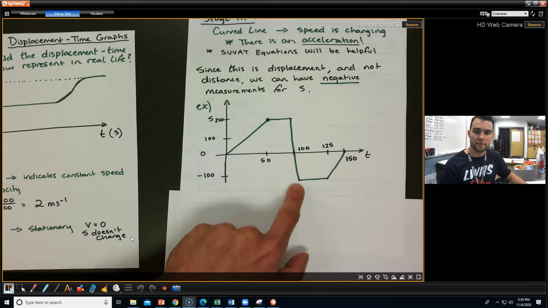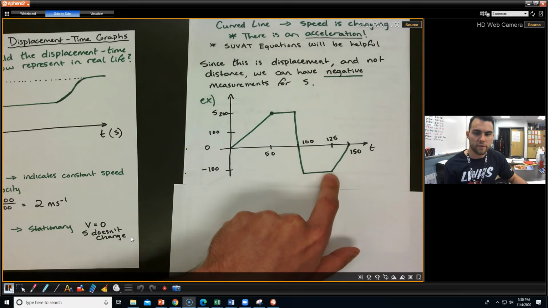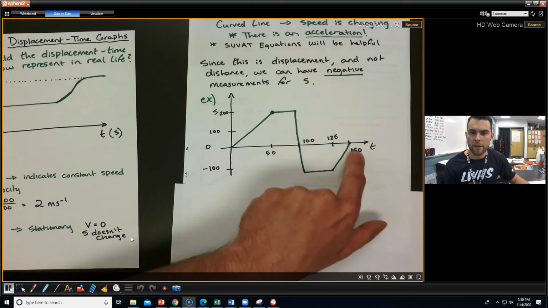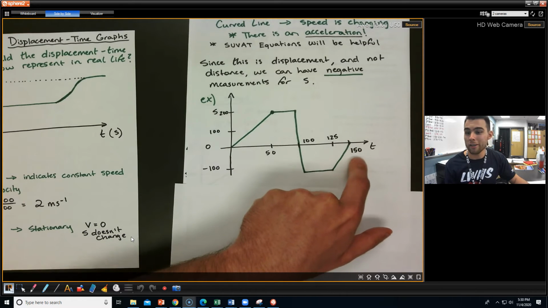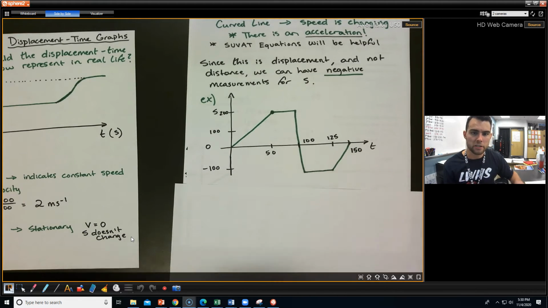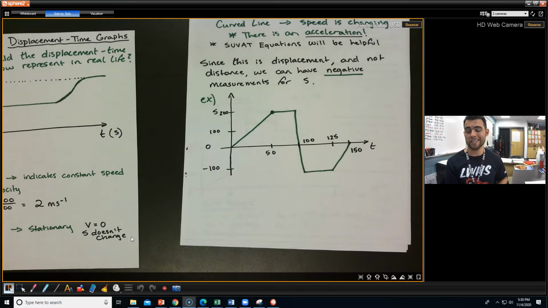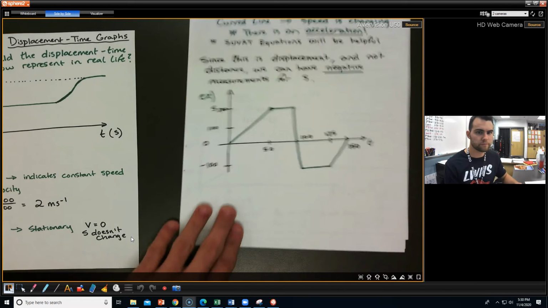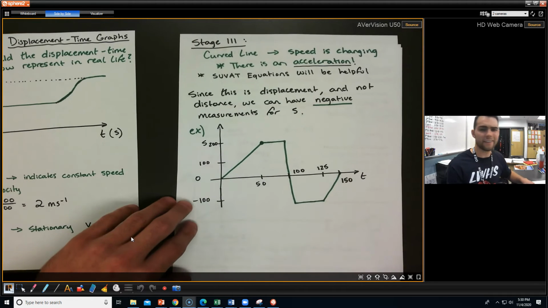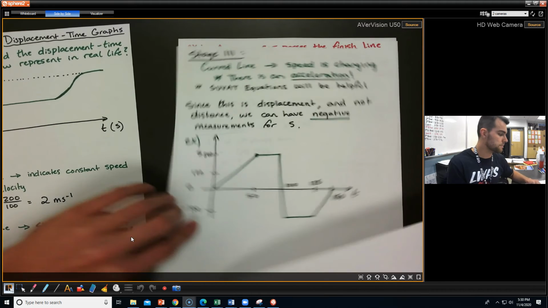And now you're in the negative direction of where you started, right? And then you take another nap, and then you take a brisk walk back to your starting position, all in 150 seconds, okay? So you can have negative measurements for these things, and we have to keep that in mind as well. Let's move on, and let's actually see an example problem.